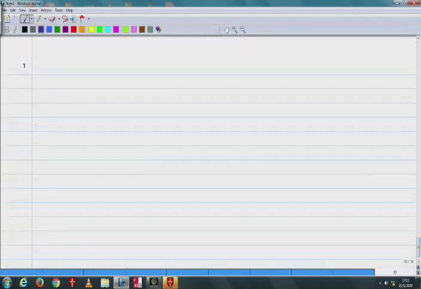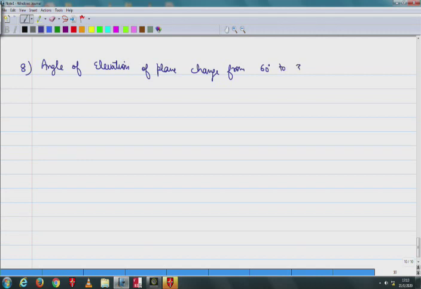Now the next question. It says the angle of elevation of a plane changes from 60 degree to 30 degree in 30 seconds.